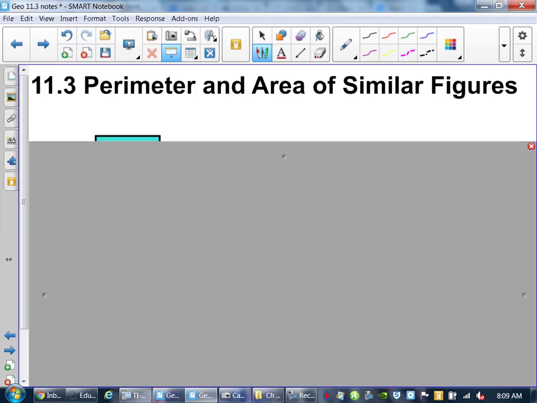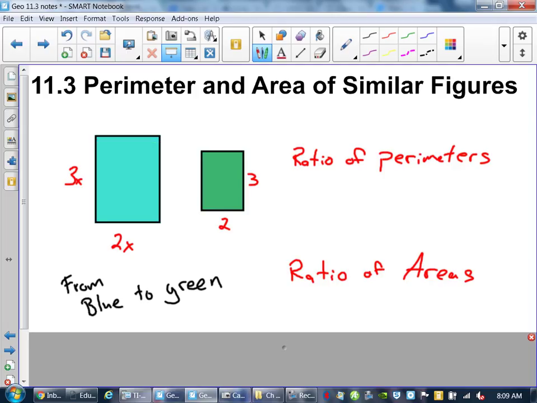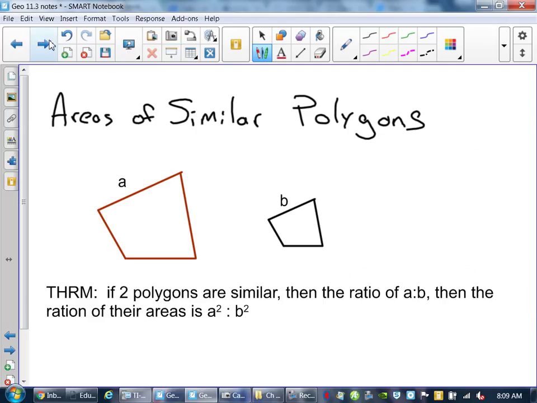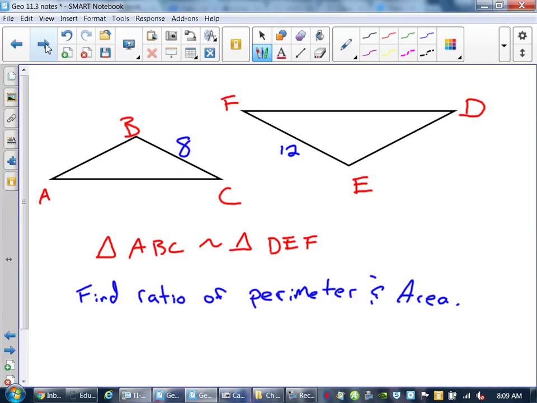This wasn't new. We've done this. The areas, the ratio of their areas then, what do you think? Try again. Area. So what happens then is that we're going to be able to work ahead to figuring out the ratio of their areas, because we can use the ratio of the areas to find missing side lengths.